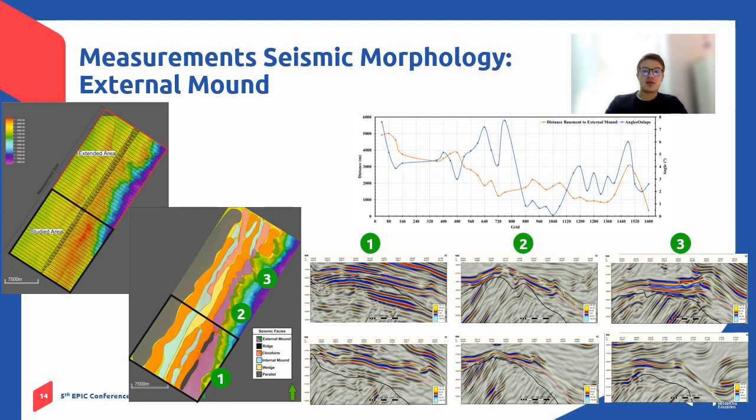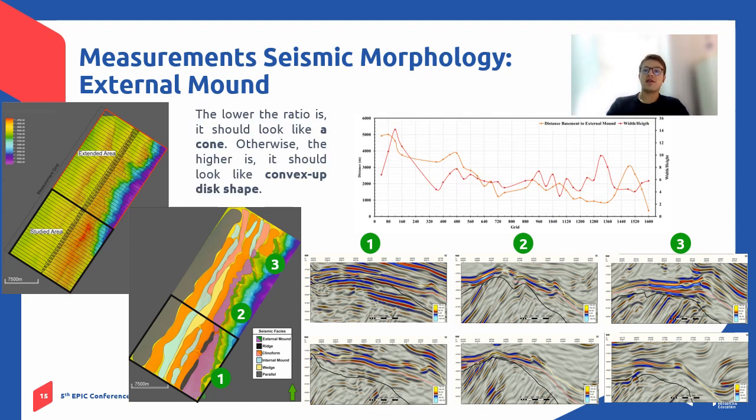Later, member 2 decreased the distance from the basement, but increased the angle of the onlaps. And to the north, the third member decreased the angle and the distance from the basement, almost showing a development of the feature over the basement, like in this case.